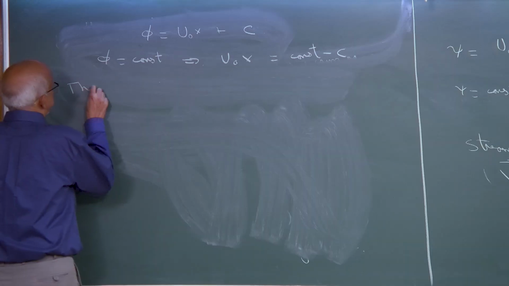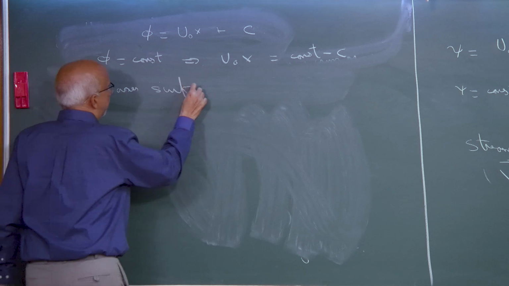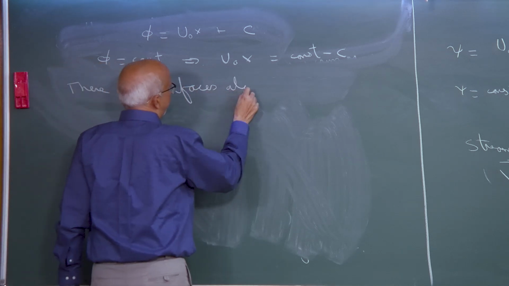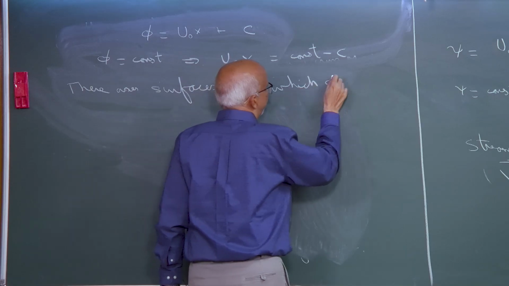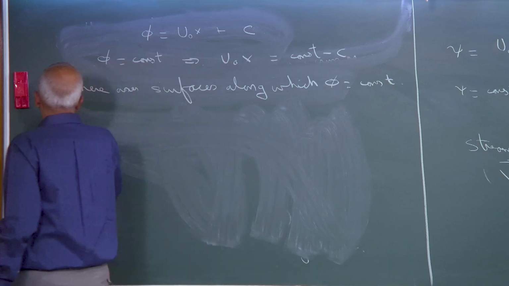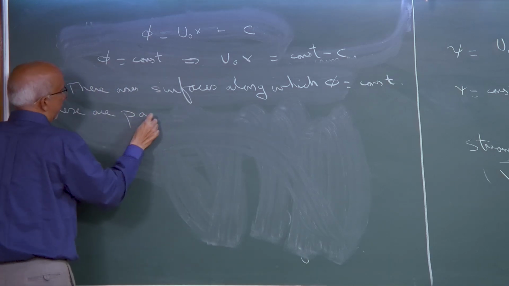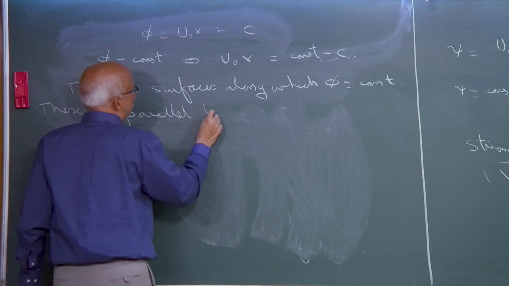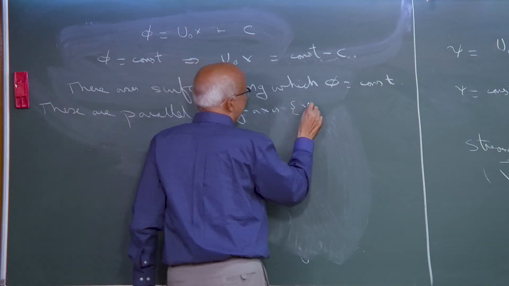Okay. There are surfaces along which phi equal to constant, and these are parallel to the y axis because x equals constant.